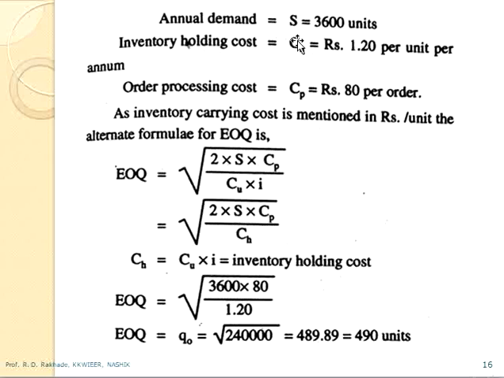So we have S, CH and CP. CH means cost per unit into inventory cost, or we can say inventory holding cost. According to the formula, we need S, CP and CH. By using these three values, we will get EOQ, that is 490 units.